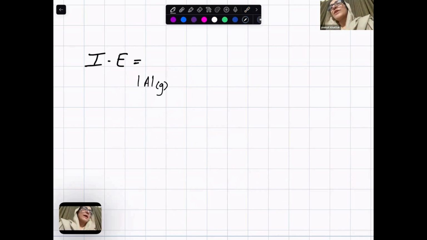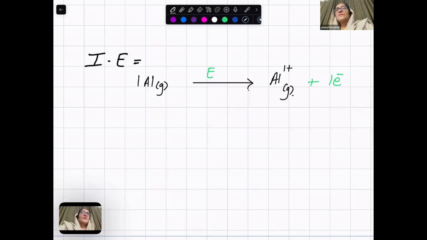So the amount of energy needed to remove one electron from each atom. As a result, each atom will turn into what?